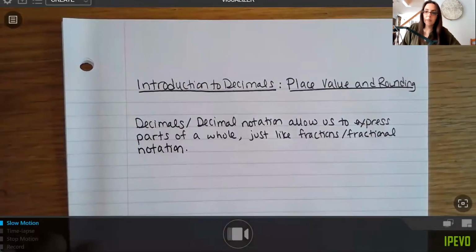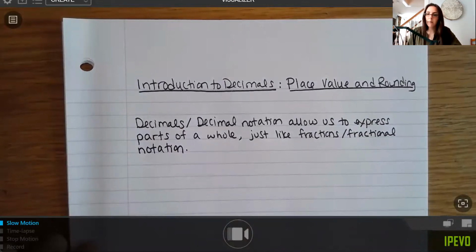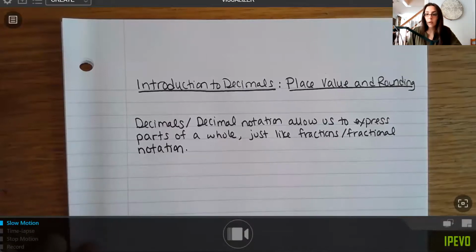So decimals or decimal notation allow us to express parts of a whole, just like fractions or fractional notation. And we're actually going to see, not in this video, but very soon, that we can go back and forth between decimal and fractional notation relatively quickly. A little bit of work obviously is required there, but we can switch back and forth between the two forms.